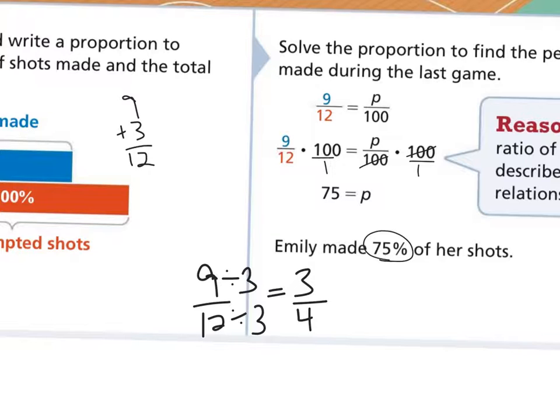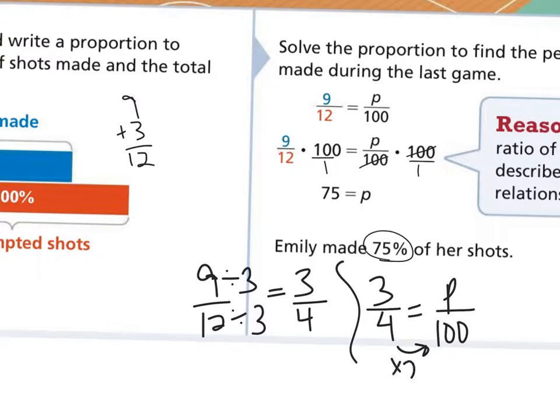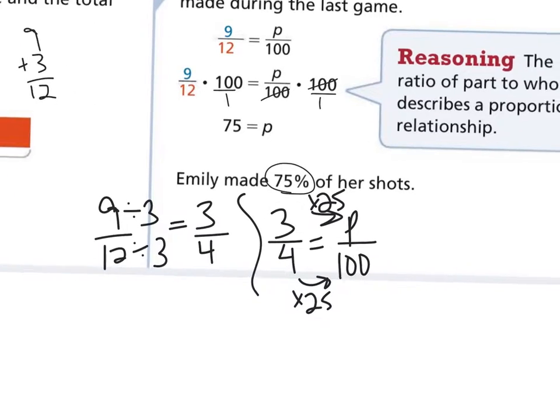If not, you could still do the proportion. At this point, there's actually a pattern you could use here. Going from 4 to 100 would be multiplying by 25. 3 times 25, 75. So that would be another option.